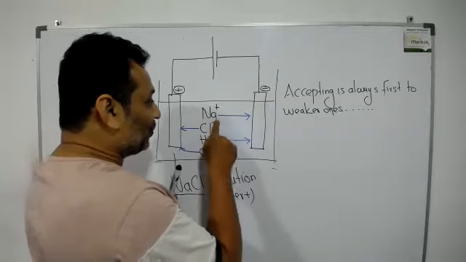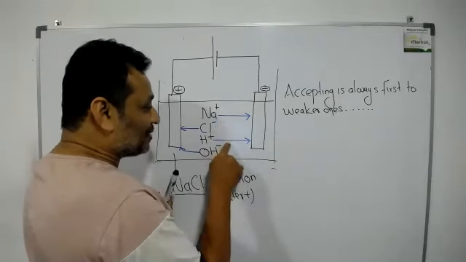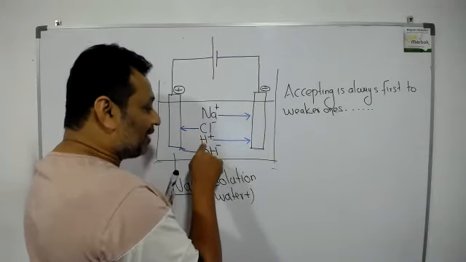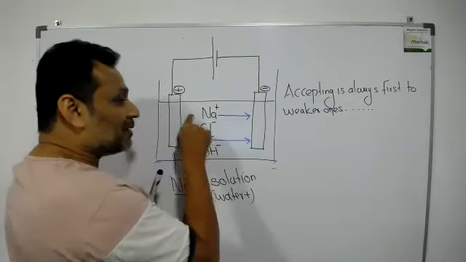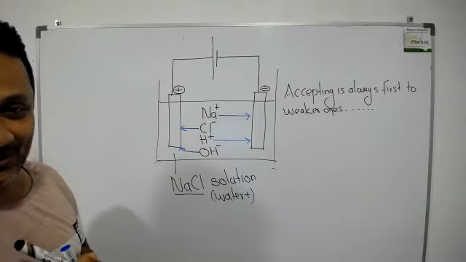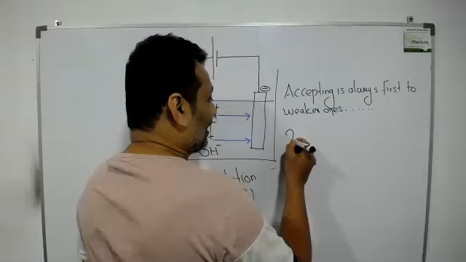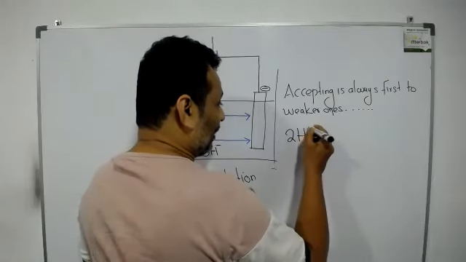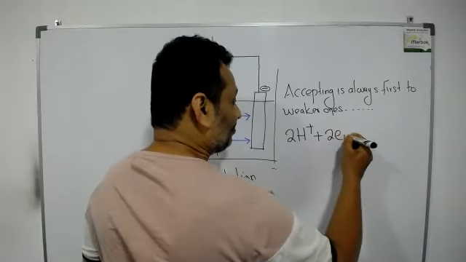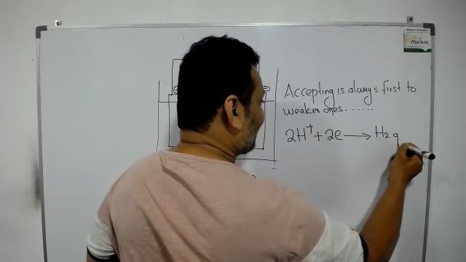So although these two are going there, H plus is weaker, hydrogen is weaker, sodium is stronger. Then who will be accepting the electrons? H plus. So 2H plus will accept 2 electrons and form H2 gas.